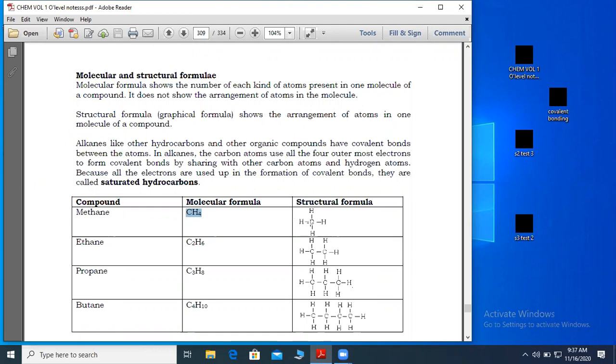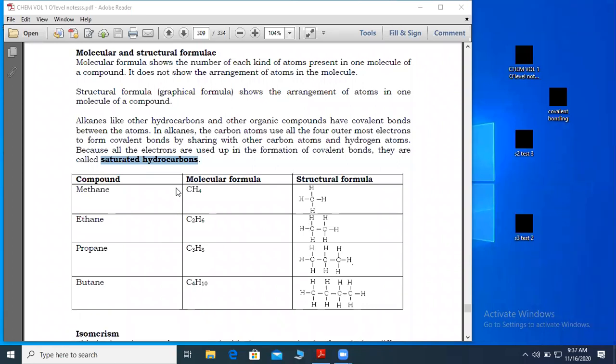So this is structure formula and this is molecular formula. Alkanes, like hydrocarbons, have covalent bonds. We have already said that they are saturated because they have a single bond joining the carbon atoms.